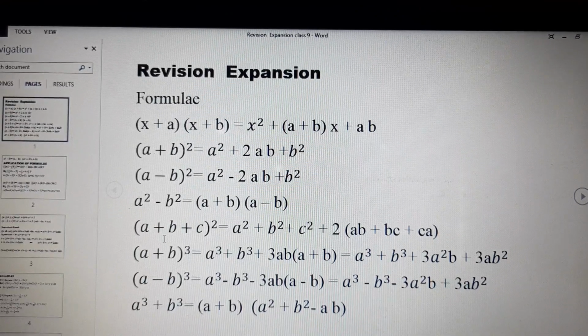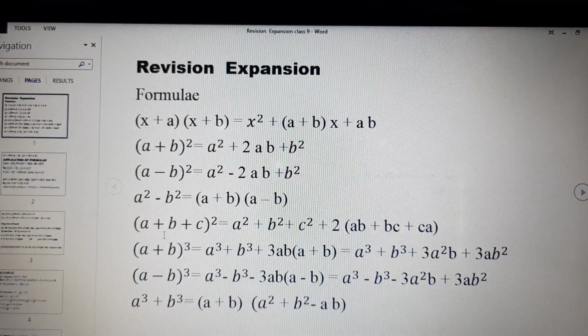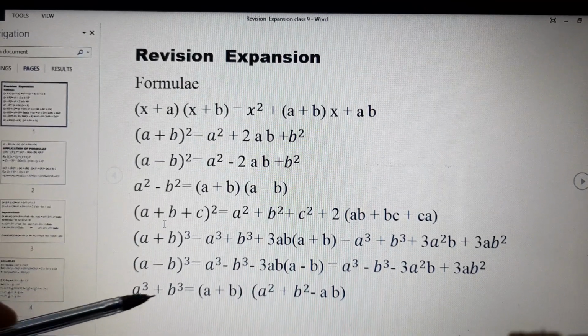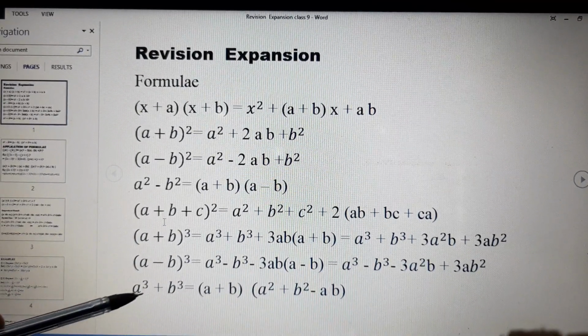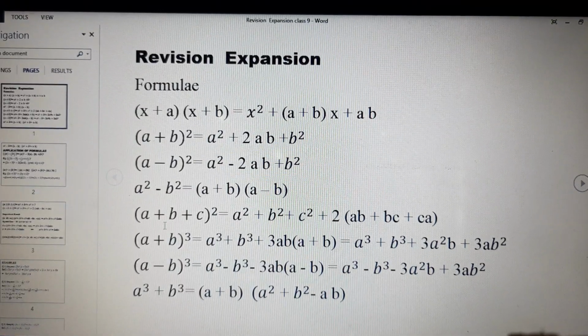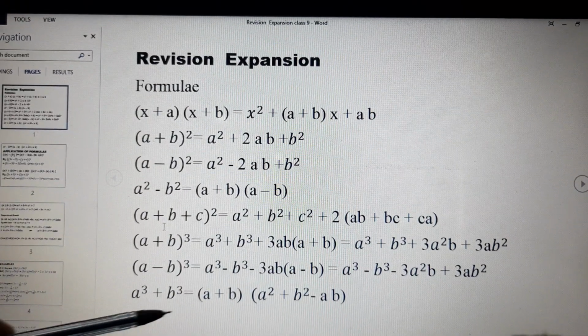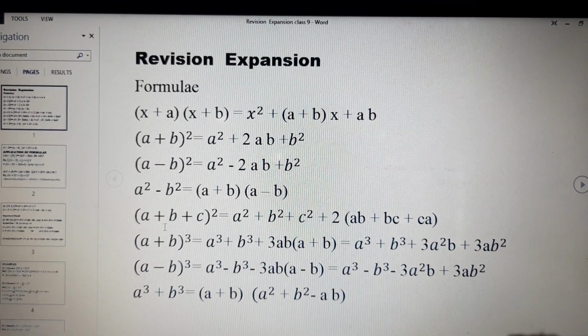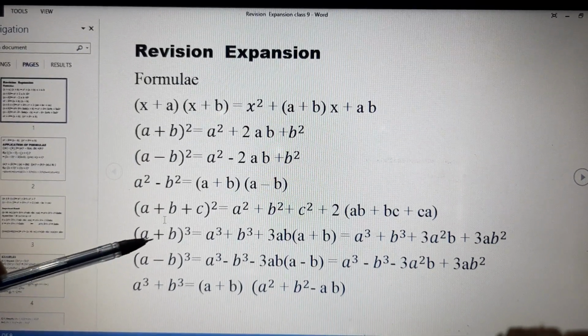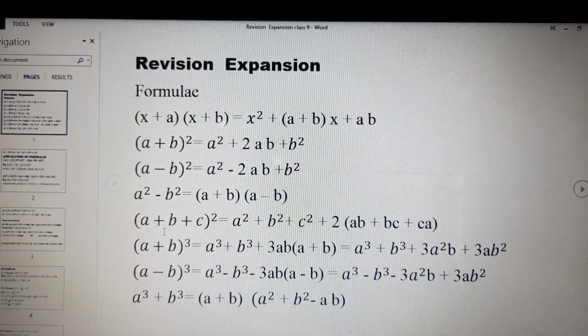Are you getting it? Okay. And here it is a cube plus b cube, which means first of all you have to calculate the cube of both the numbers, and then you have to add. There you have to add them first of all, and then the sum needs to be cubed.